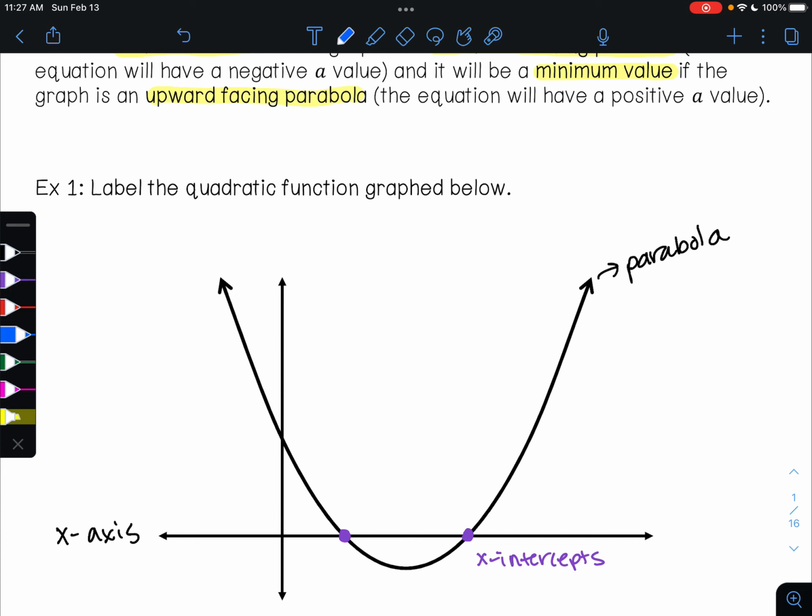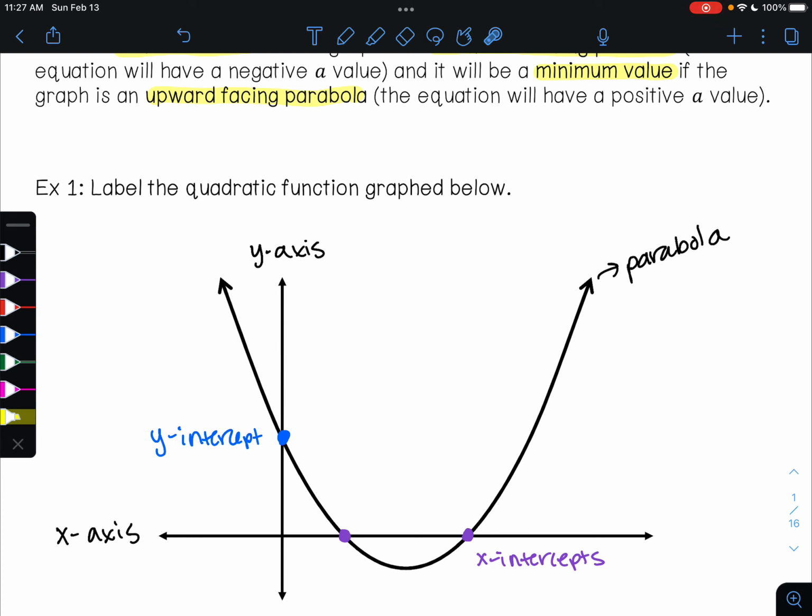Where our curve crosses our y-axis is known as a y-intercept. And so it's crossing our y-axis right here, and so this is a y-intercept. Let me spell that out. The turning point of this U is right here.